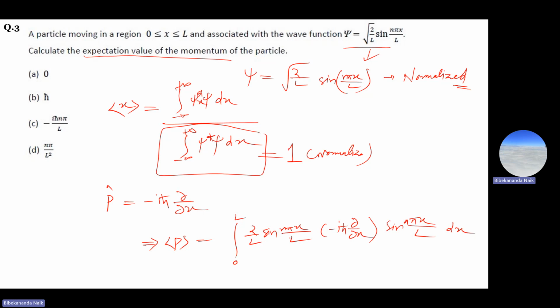So we will first write one wave function, this is psi star and this is psi, and this is the momentum operator. If you take the derivative, it will be cos n pi x by L into n pi by L. So the expectation value of momentum will be, 2 by L will be coming outside, integration 0 to L, and minus i h cross we can also take outside.